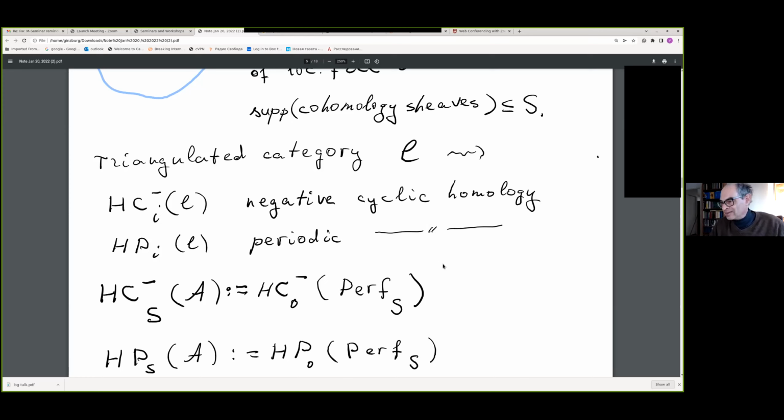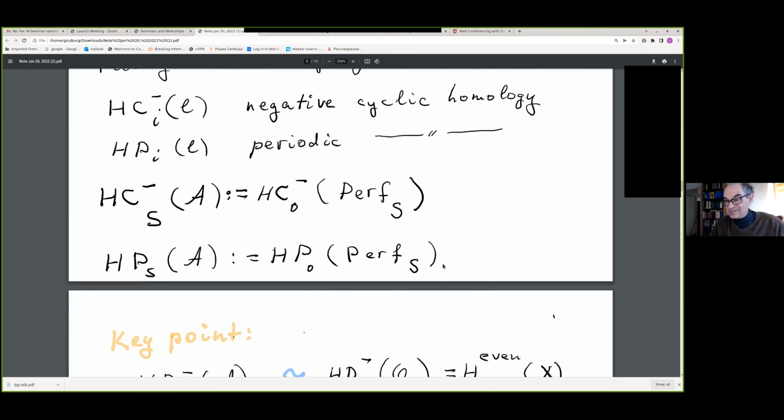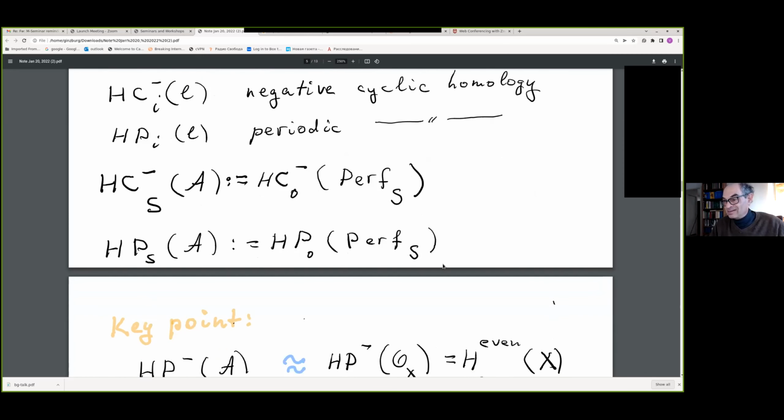It's a theorem by Keller, and the proof uses lots of complicated stuff. It's really hard. For instance, it uses Thomason-Trobaugh, which is a very famous paper in K-theory. So it really uses very sophisticated tools from homotopical algebraic geometry.